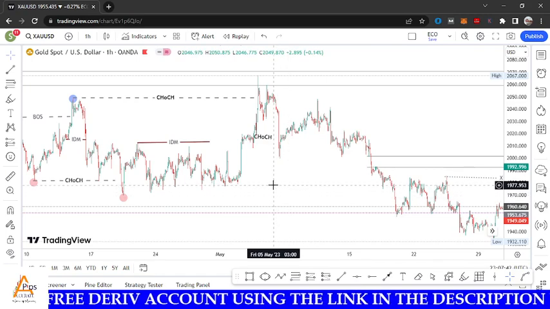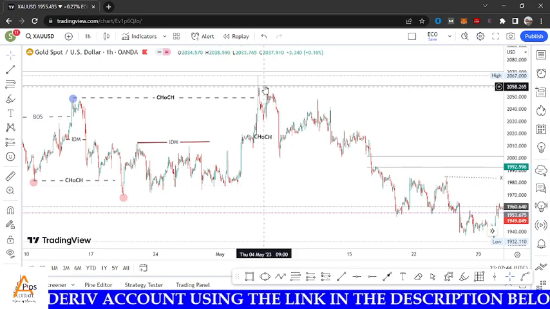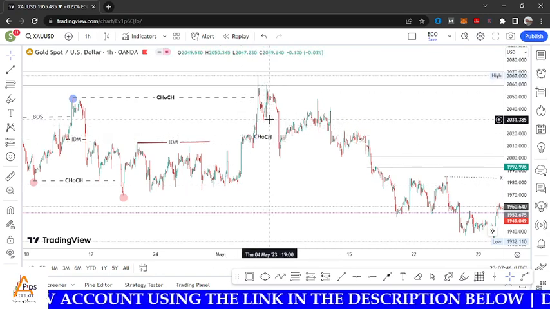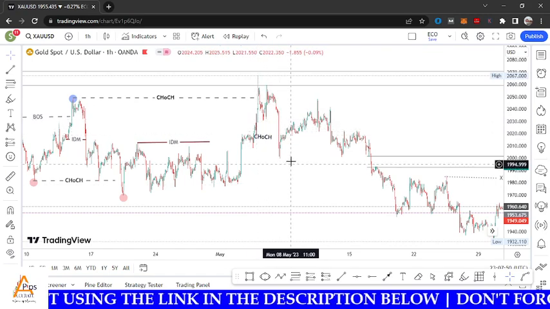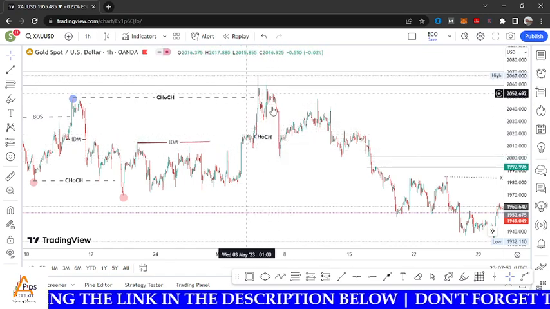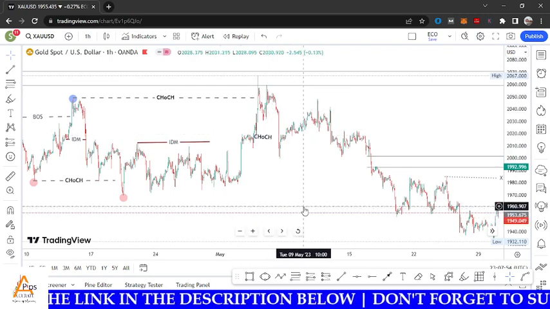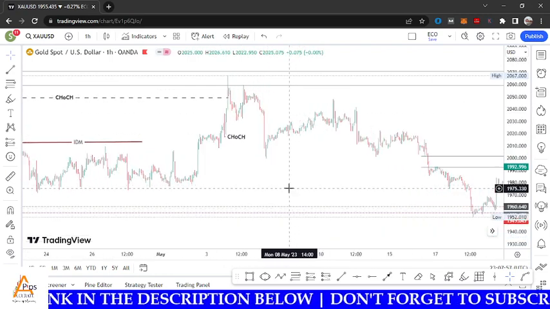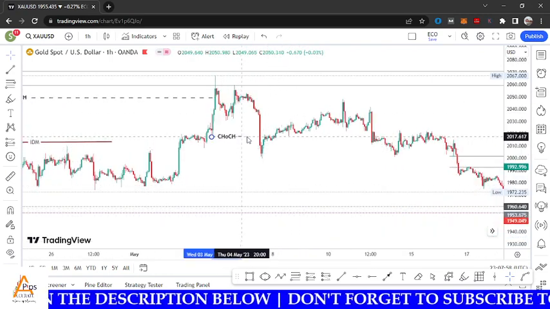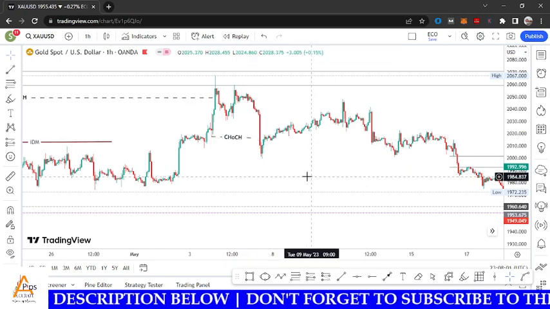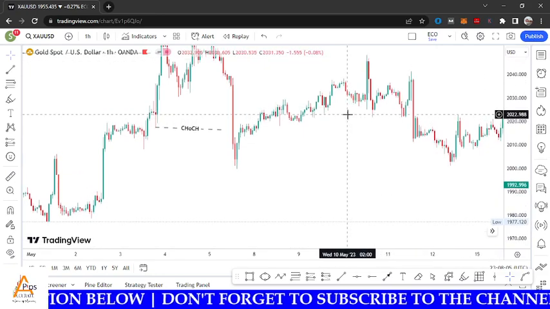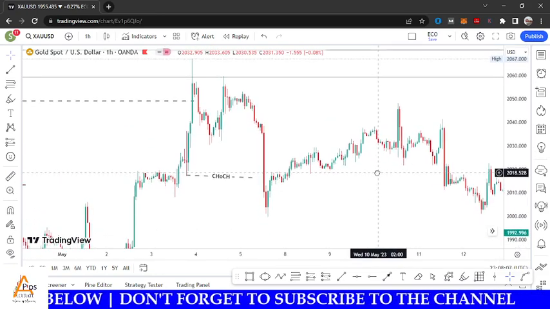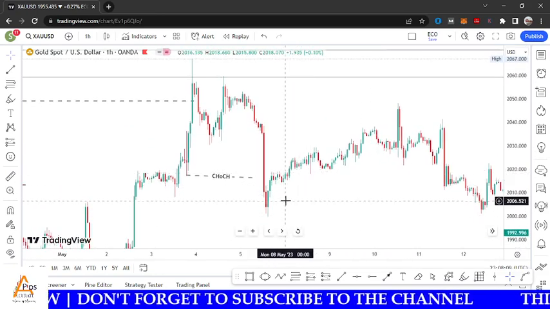But the one I consider the most before making an entry is the one that is formed when we tap on a higher time frame point of interest. So now this is where my interest comes in. I will look for entry areas on this after I see a change of character. Good.